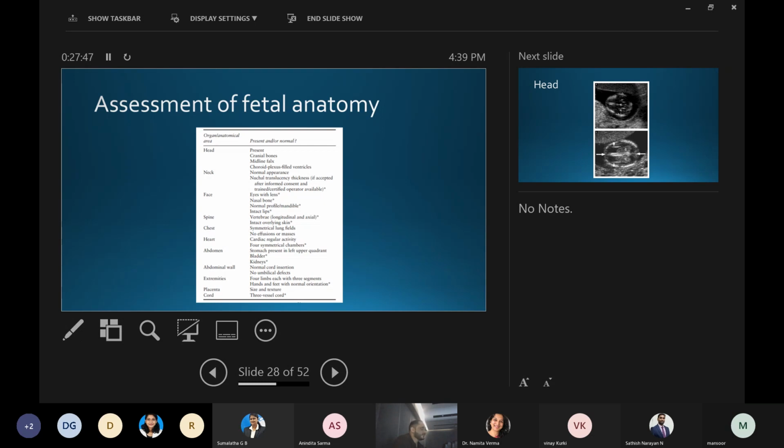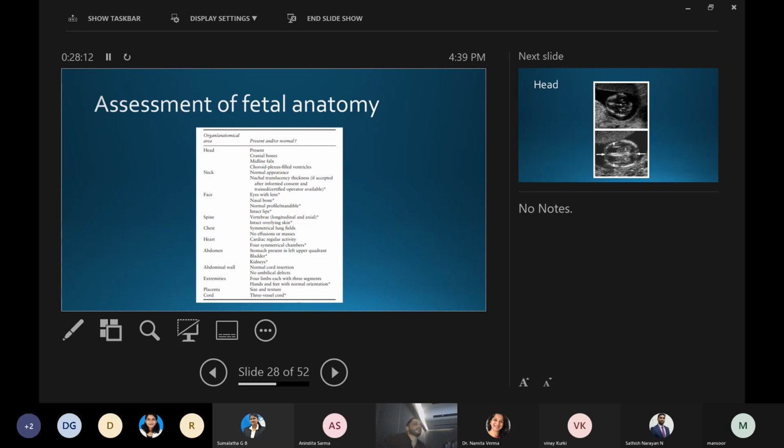So the ventricles will be broader and broadly all the choroid plexus will be filling the ventricles. We'll see the image next. Then the neck, we have to scan whether the appearance looks normal. And of course, the main thing in the neck for first trimester is the nuchal translucency, which we'll check later while going through the aneuploidy screening.